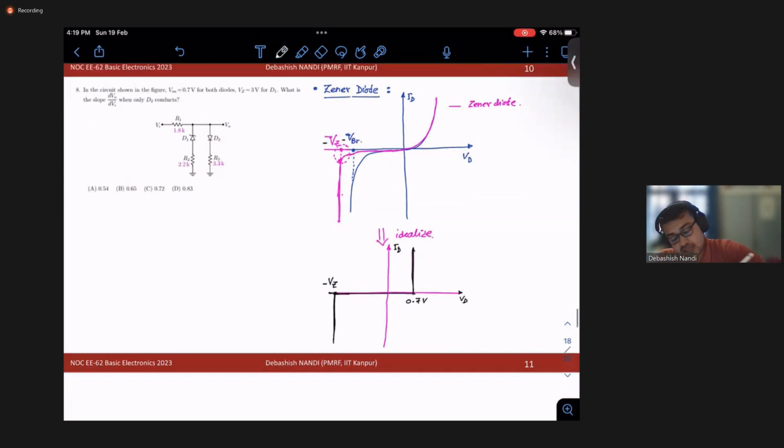So with that concept, let's copy this circuit, and what is asked is that V on is 7, Vz is minus 3, that means this is minus 3 volt. And what is the slope dV0 by dVi when only D2 conducts?